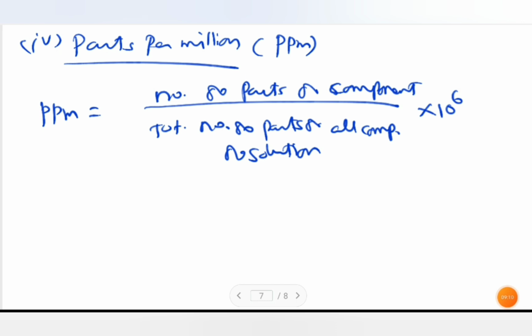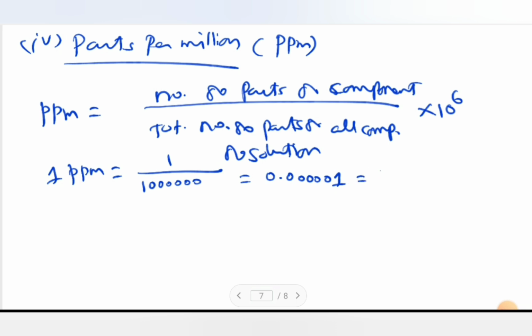The actual meaning given here is 1 ppm is equal to 1 part in 10 power 6, right? 6 means you have to draw 6 zeros, which is 0.000001, which again can be written as 10 power minus 6, 1 ppm.